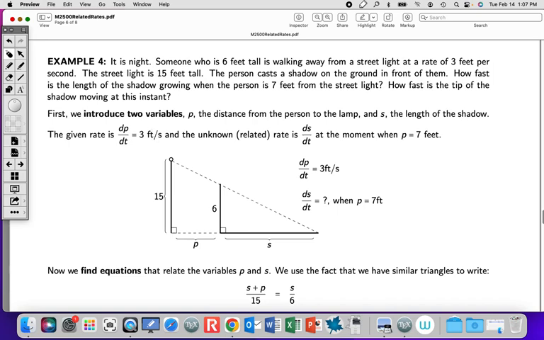Okay, so once again, we're going to sketch the situation here. So we've got a street lamp, which is 15 feet tall, and we're assuming that the height of the street lamp doesn't change. And you've got a person who's 6 feet tall. Once again, we're going to assume that the person's height doesn't change.